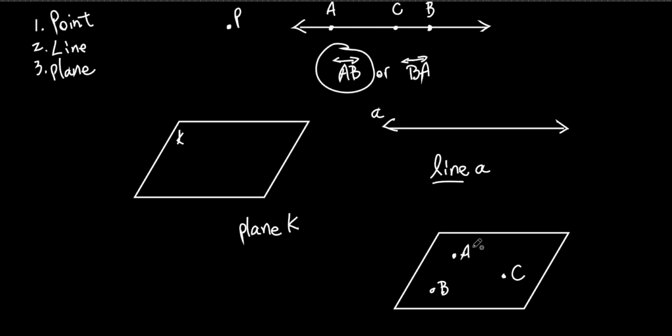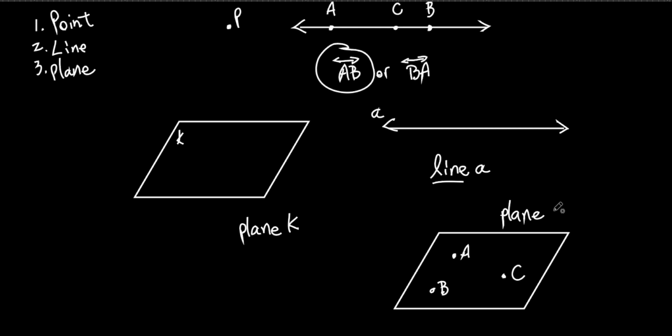A line, you need at least how many? 2. On a plane, you need at least 3. So again, there's no symbol for plane, so we write the word plane, and then you just pick any 3 of the points in here. I could have 5, 6, 7, 8, 9, 10 points in that plane, but you don't pick all 10. You only pick how many? 3. We only have 3 in here, so there's not much to choose from.